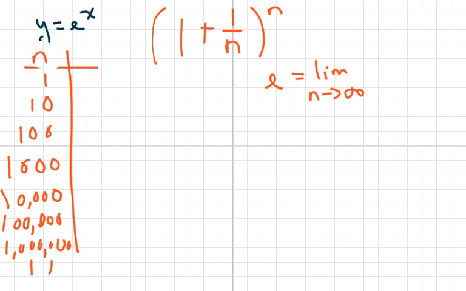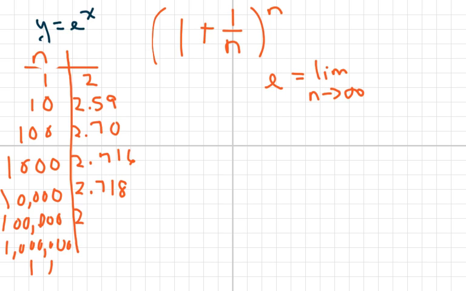And as this gets bigger and bigger, what does this number come to? So when you plug in all these values, basically you're going to get 2. 10 would be 2.59 something. 100 would be 2.70, and so on. 2.71. The 1,000 is 2.71, and this would be 2.718.